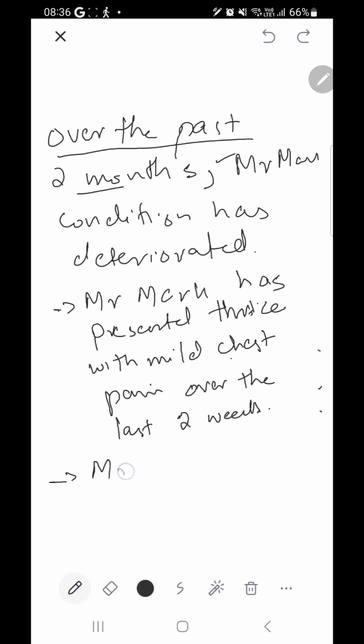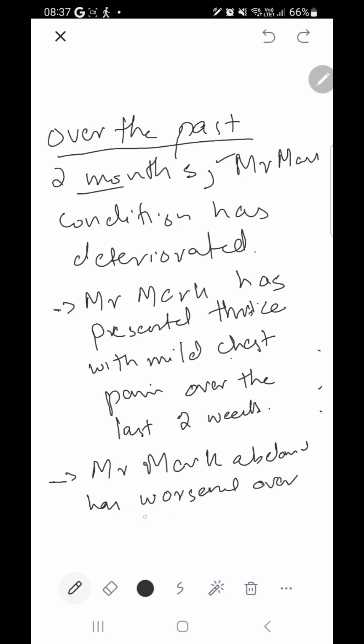Or Mr. Mark abdominal pain has worsened over the last 3 days. Okay, so these are some of the examples for since, for, or over. Okay, so is it clear to you?